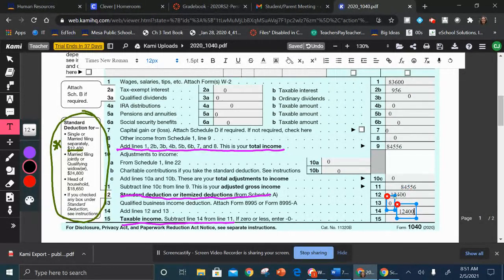0, so 12,400 plus 0. Okay, and then we're going to subtract 93,156. Okay, so we subtract it.